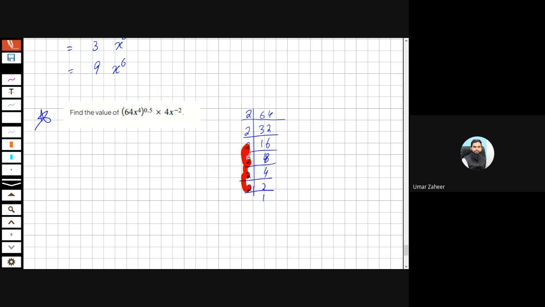That is 1, 2, 3, 4, 5, 6. So you are getting 2 raised to power 6. x raised to power 4. And I can write 0.2 as 1 by 2.